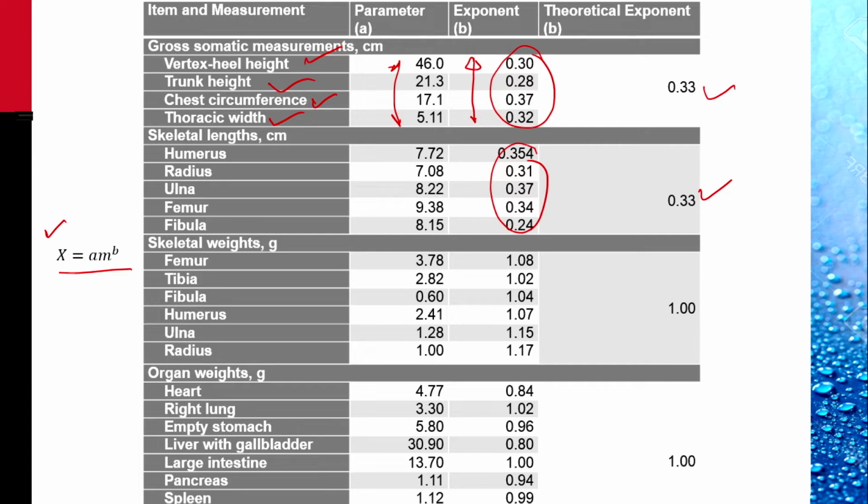Skeletal weights in grams: these are the fitted values of the exponent and the expected value of the exponent if we assume complete similarity. And similarly for organ weights, pretty good agreement, I would say, which tends to confirm what we started out with.